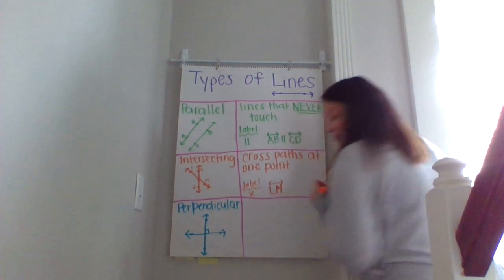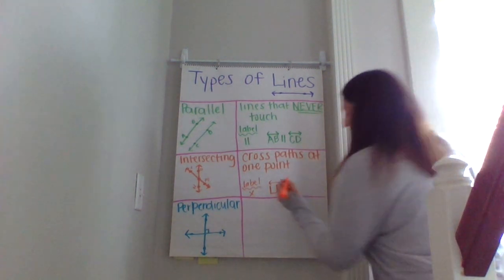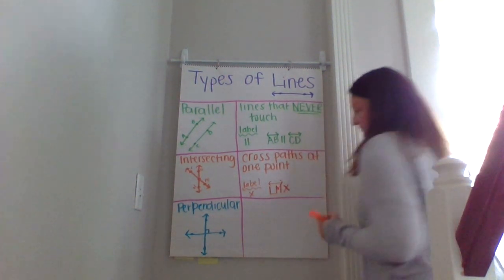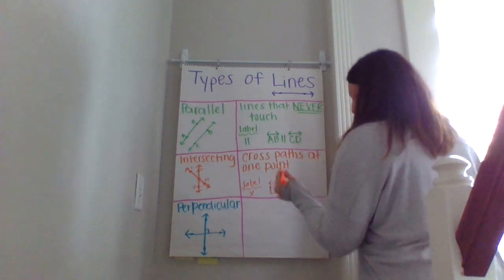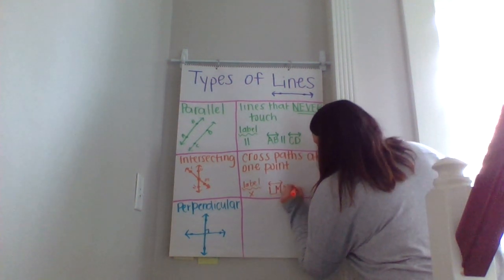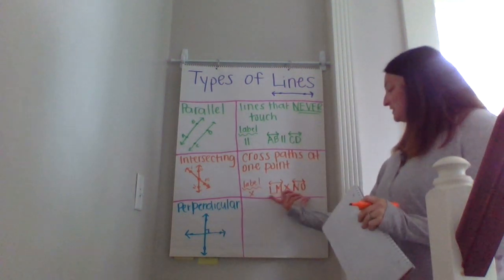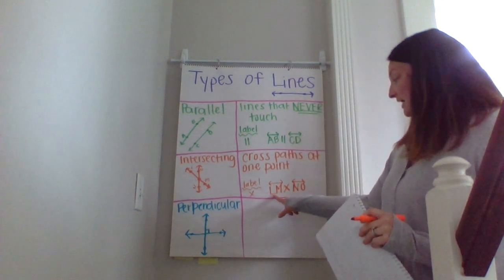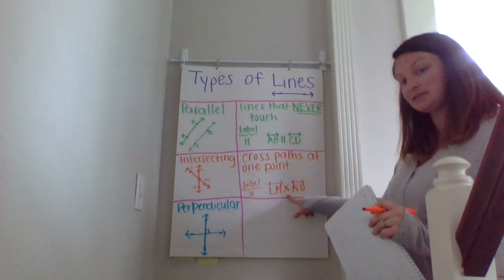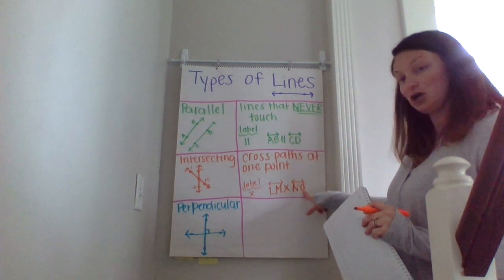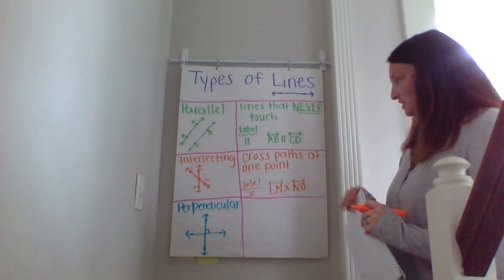So I put LM with the line above it. Then I put my X for intersecting. And then I have line NO. So this sentence here reads, line LM intersects line NO.